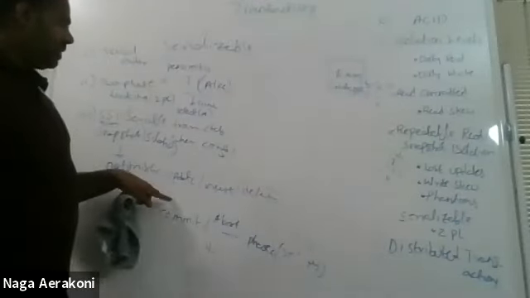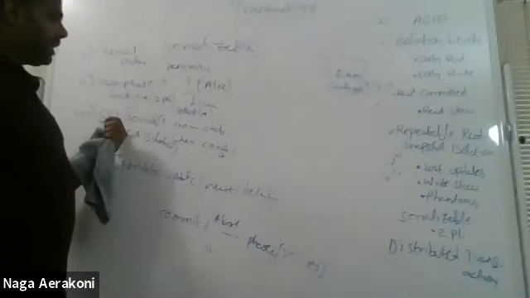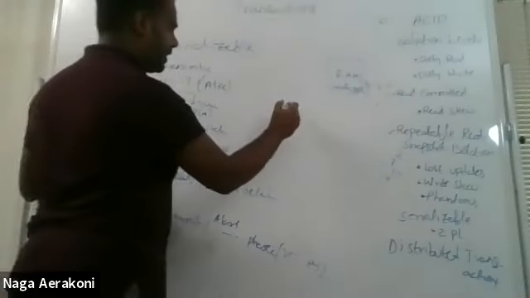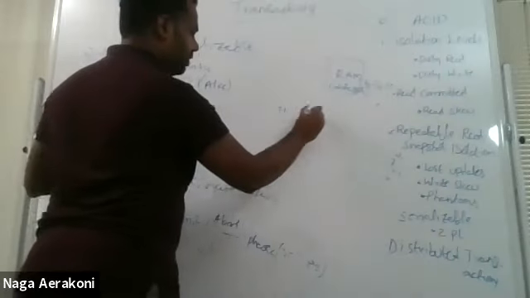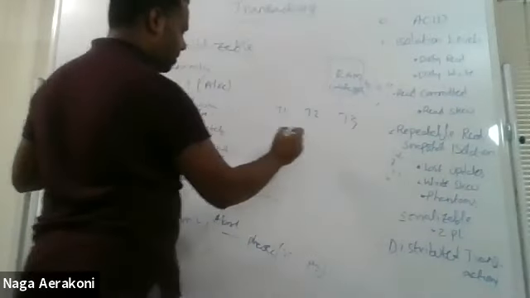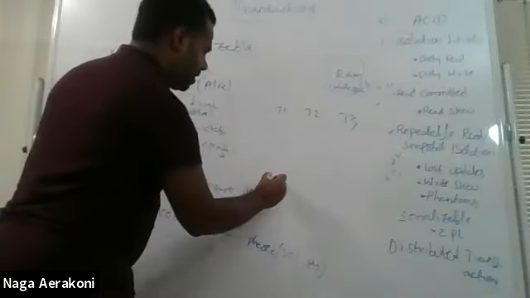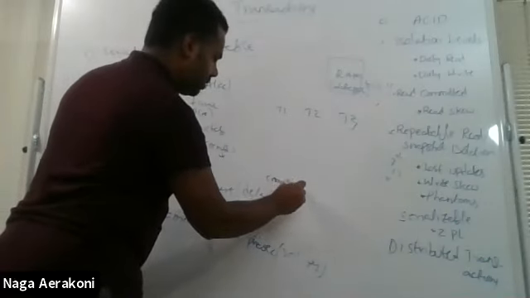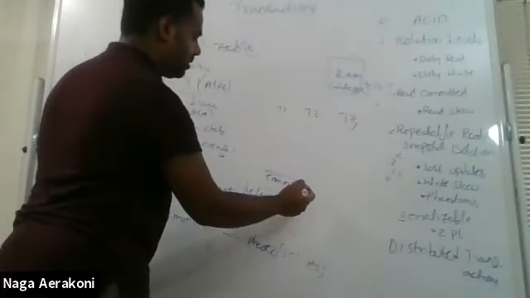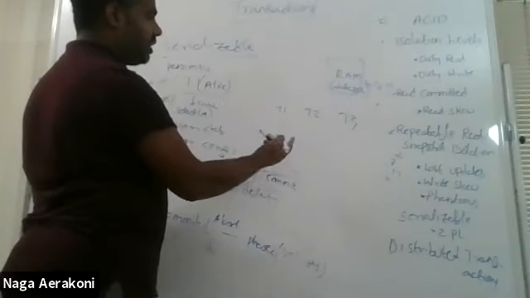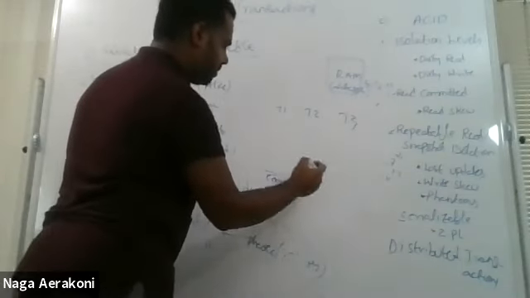The main thing that SSI needs to keep in mind is, if you have multiple transactions, T1, T2, or T3, whatever, before committing, it needs to find how many other transactions have uncommitted or committed data.